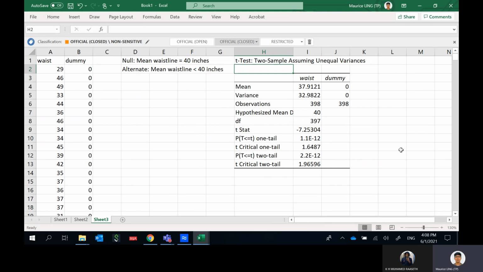Very low. I already mentioned to you last week. Correct. So the p-value for the one-tail test is 1.1 times 10 to the power of minus 12. Is that more than or less than 0.05?